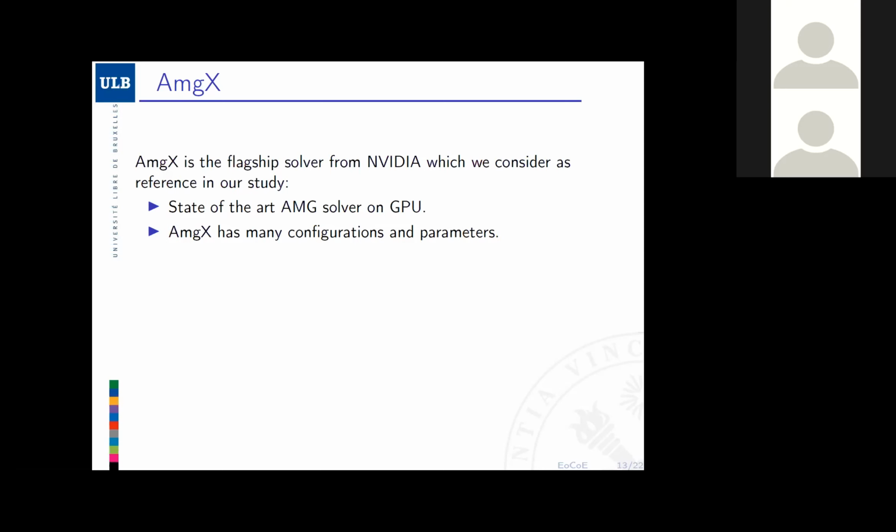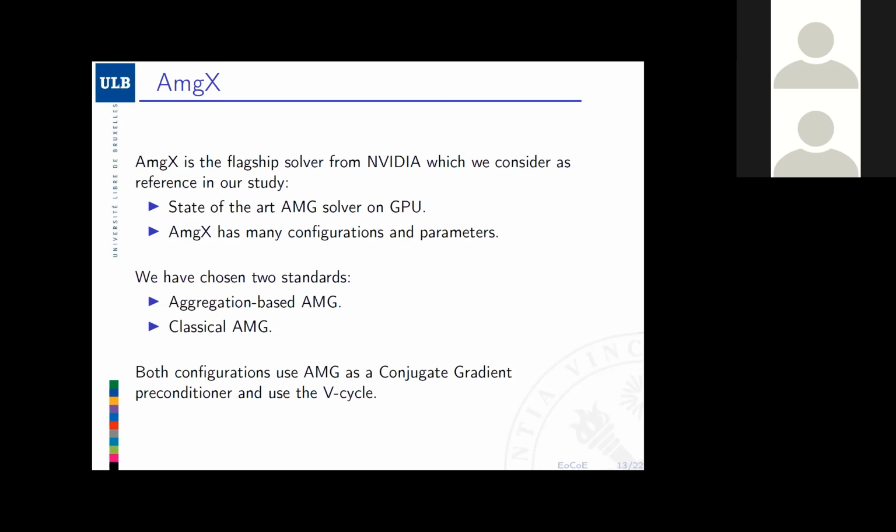AMGX has many configurations and parameters in order to find a configuration that is close to our solver. So for this test, we have chosen two standards. We have chosen AMGX, which uses an aggregation-based AMG configuration, and also a more classical AMG configuration.